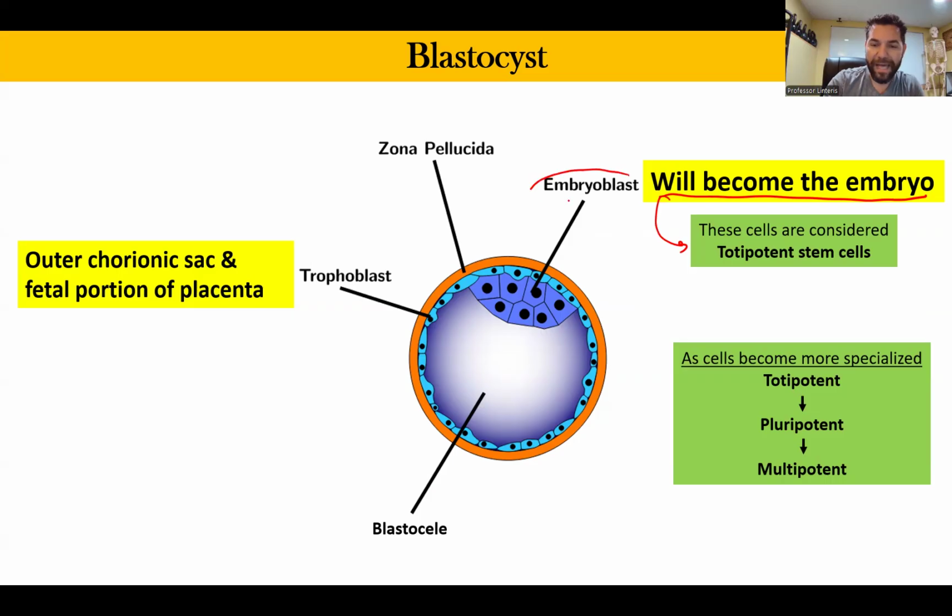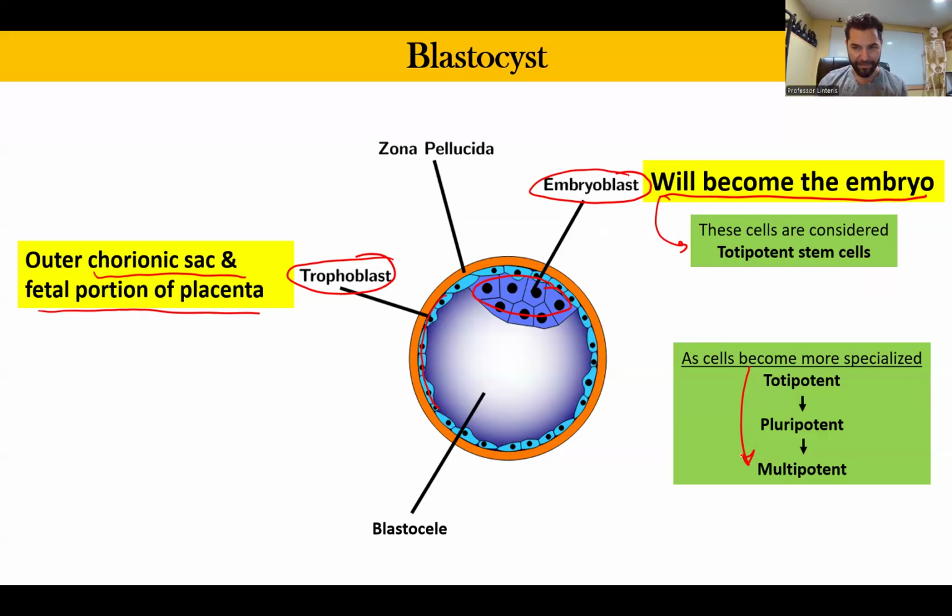So the embryoblast will be the embryo, right? The trophoblast, which are these cells towards the outside, will become the chorionic sac and the fetal portion of the placenta. Right? We have the blastocele, which is basically that fluid in there, and that zona pellucida is still chilling as kind of the outermost layer. Right? So the embryoblast, these embryonic cells, will start to turn into more specialized cells.